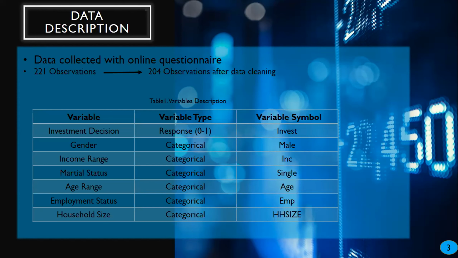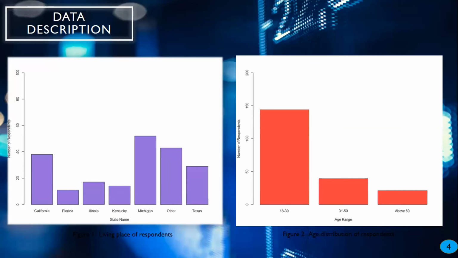All of my variables are categorical, because with an online questionnaire it's a little hard to collect continuous variables. So I preferred to use categorical variables for the independent variables. In Figure 1, we have the living places of my respondents.